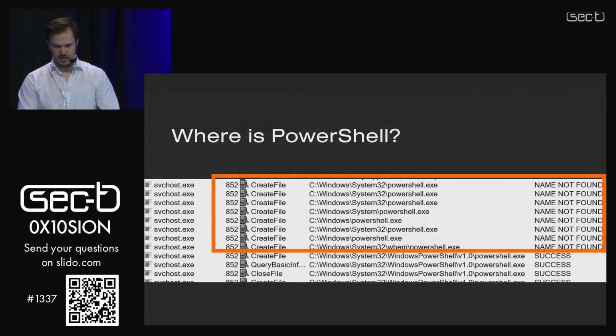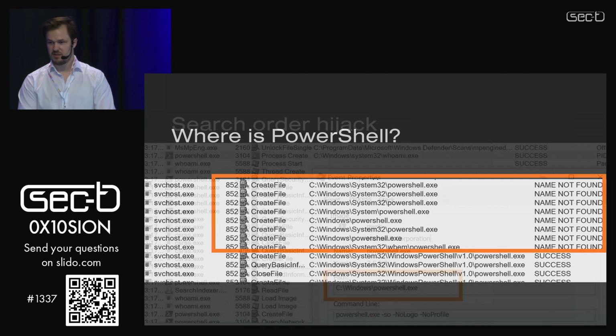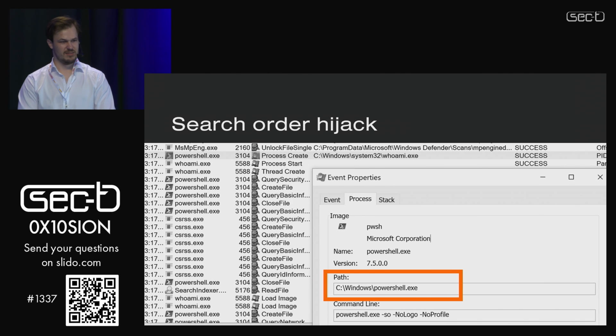When you look at the events prior to this, you realize that Windows is looking for PowerShell with the search path. So what if we put our own PowerShell first in that search path? Then it's going to find our PowerShell instead of the real PowerShell, and we don't have to care about some hypervisor magic. We just need to hijack PowerShell, and then we're good.